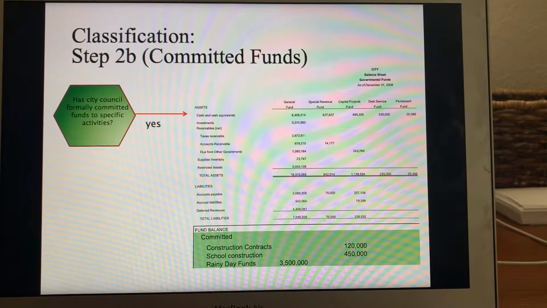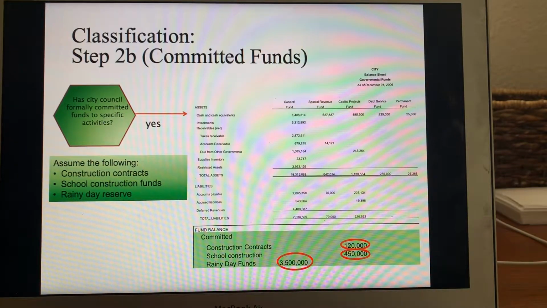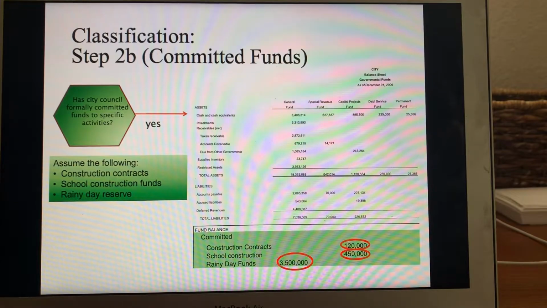Okay, those are some specific examples in the fund balance. Assume the following: construction contracts. I just talked about this already.